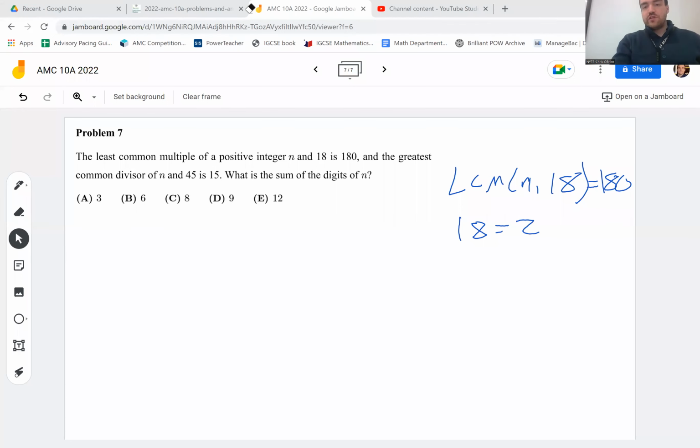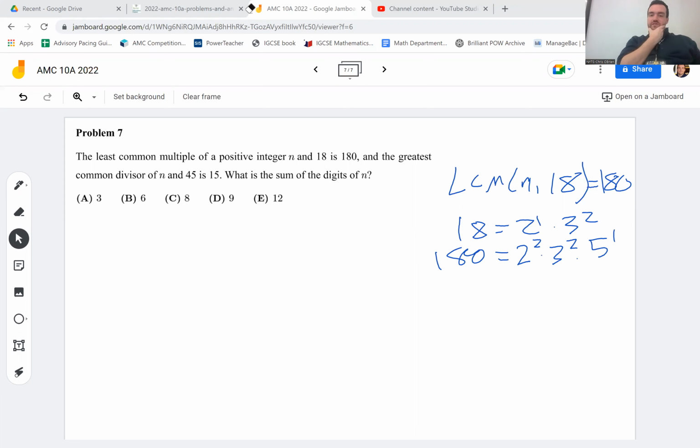So 18 is 2 to the power 1 times 3 to the power 2. Now, 180 is 9 times 2 times 10, so it's 2 to the power 2 times 3 to the power 2 times 5 to the power 1, right?